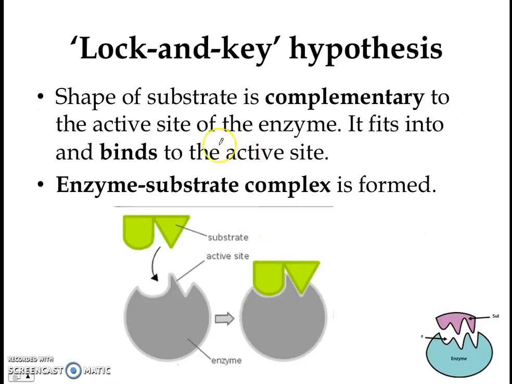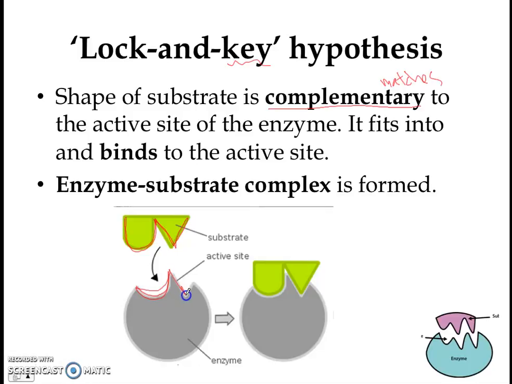And secondly, you need to talk about the substrate, right? And the substrate, remember, acts like a key. And you need to say that the shape of the substrate is complementary to the shape of the active site of the enzyme. You need to know this word complementary. What it means is that it matches, right? So for example, look down here. You can see that the substrate has a shape that is complementary, or that matches the shape of the active site.